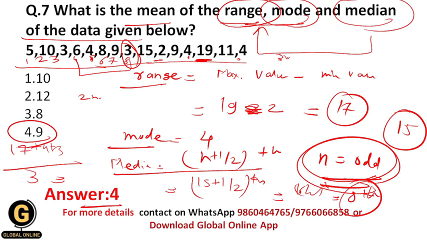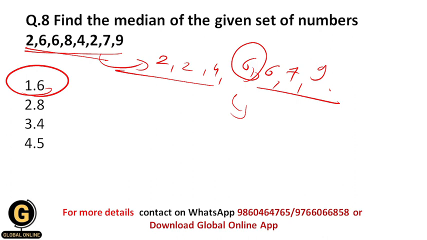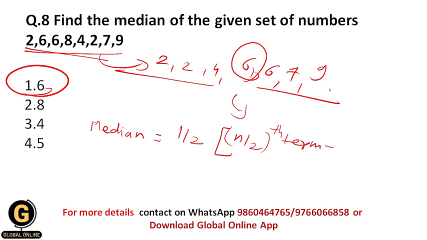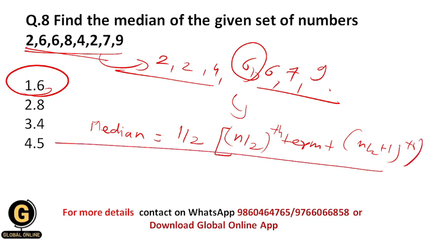But whenever the number of observations is even, then use this formula: median is equal to 1 by 2 in bracket, n by 2th term plus (n by 2 plus 1)th term. Okay, so use this formula when the number of observations is even. But in this case you don't need this formula, because the number of observations is really low, and you can easily arrange the data in ascending or descending order. That's why your correct answer should be 1.